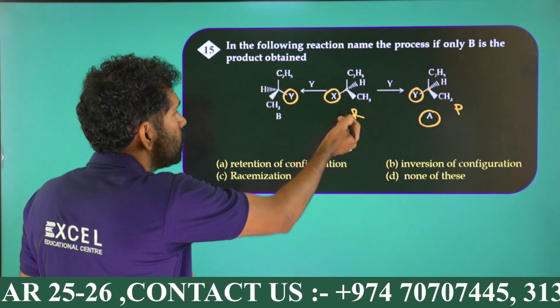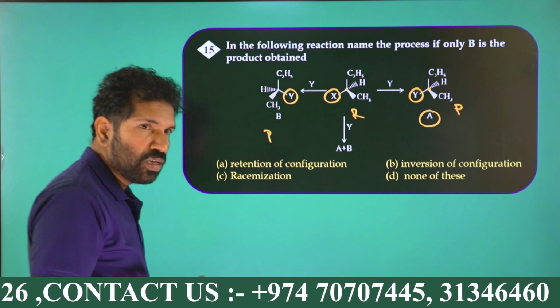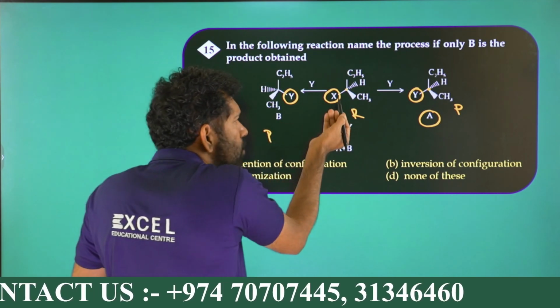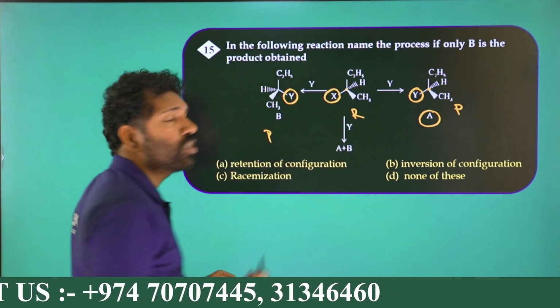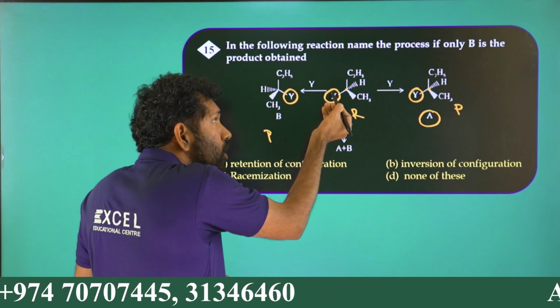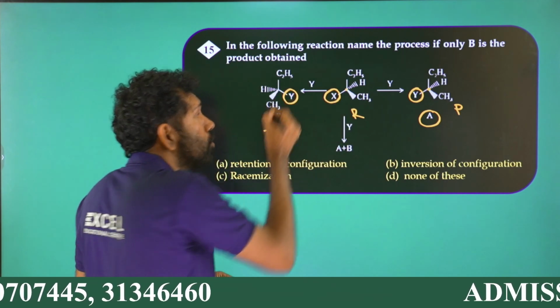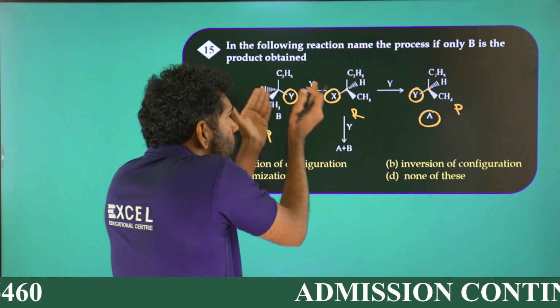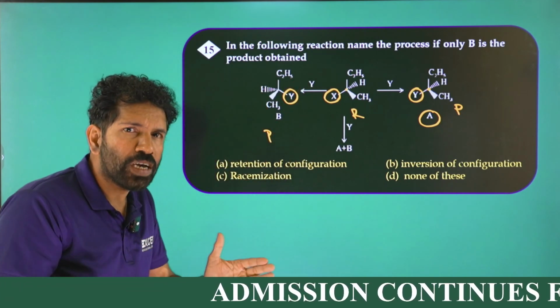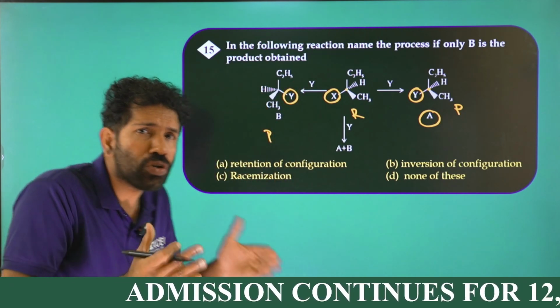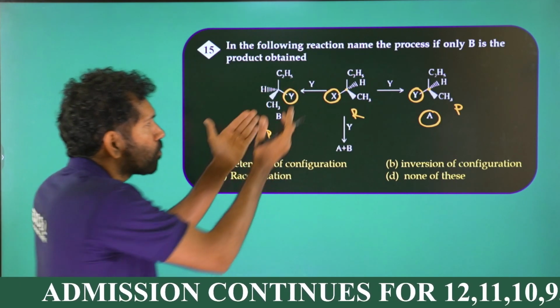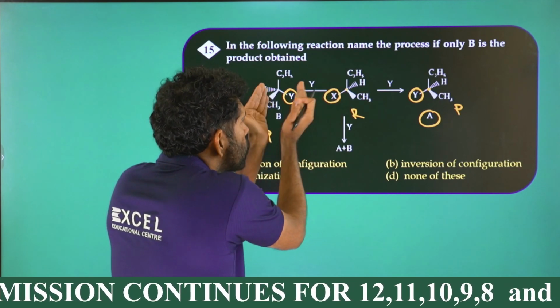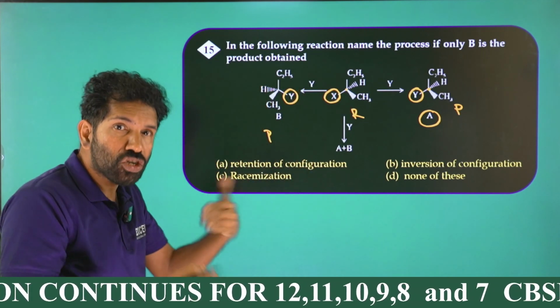Now see, this is a reactant, this is a product. Here you are getting a product which is almost similar to the mirror image. When the product obtained is almost similar to the mirror image, we say it involves inversion of configuration.